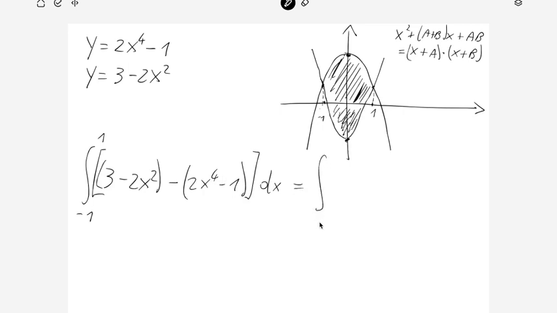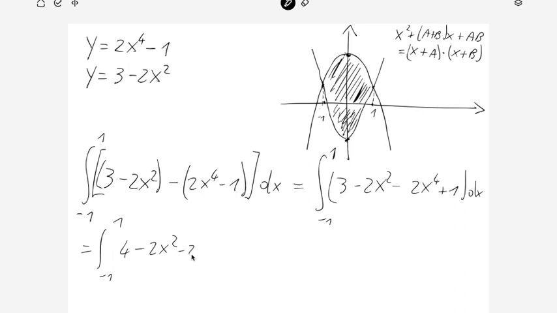So integral from minus 1 to 1 of 3 minus 2x squared minus 2x to the 4 plus 1 dx. So this is the integral between minus 1 and 1 of 4 minus 2x squared minus 2x to the 4 dx.